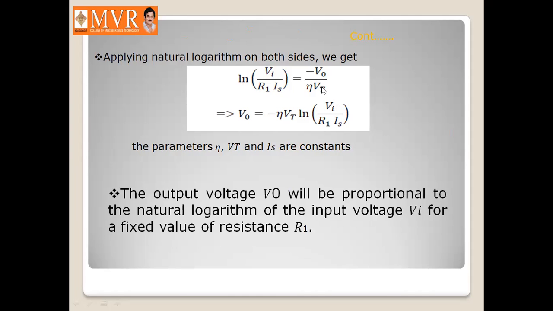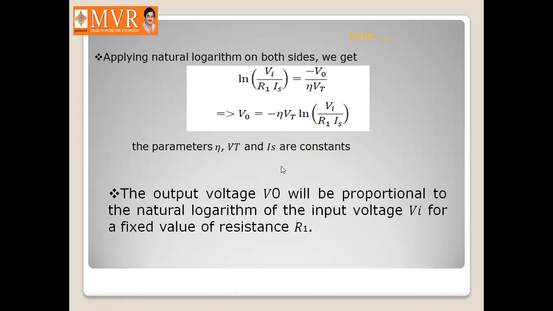The input signal is going to vary. So the logarithmic value of input gives the output, that is, the output is proportional to the logarithmic value of the input, as the other parameters present in this circuit are constants. So in this way, we produce the op amp as a logarithmic amplifier.